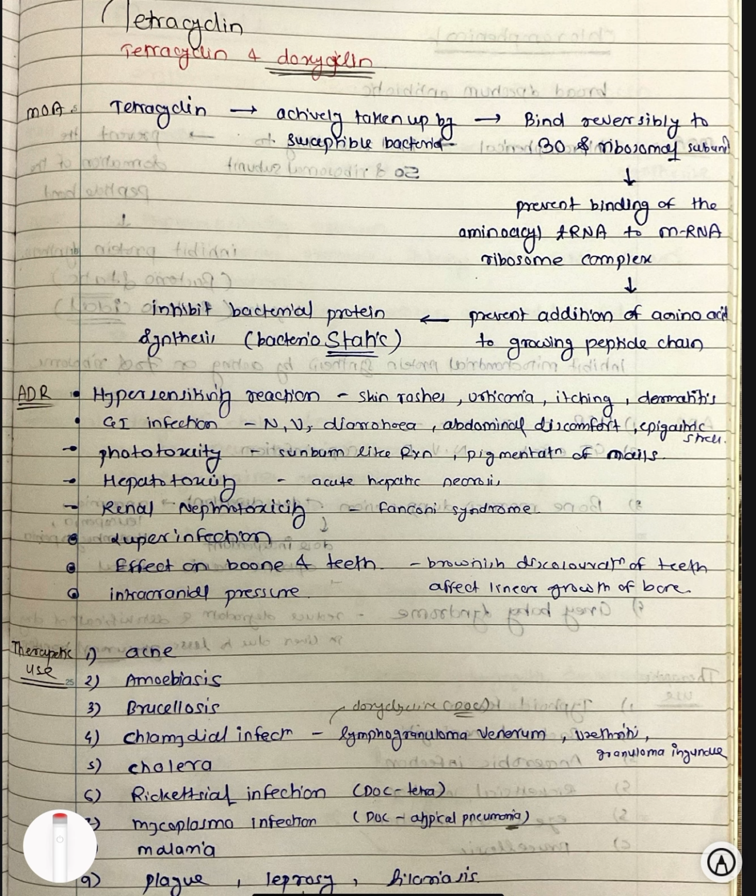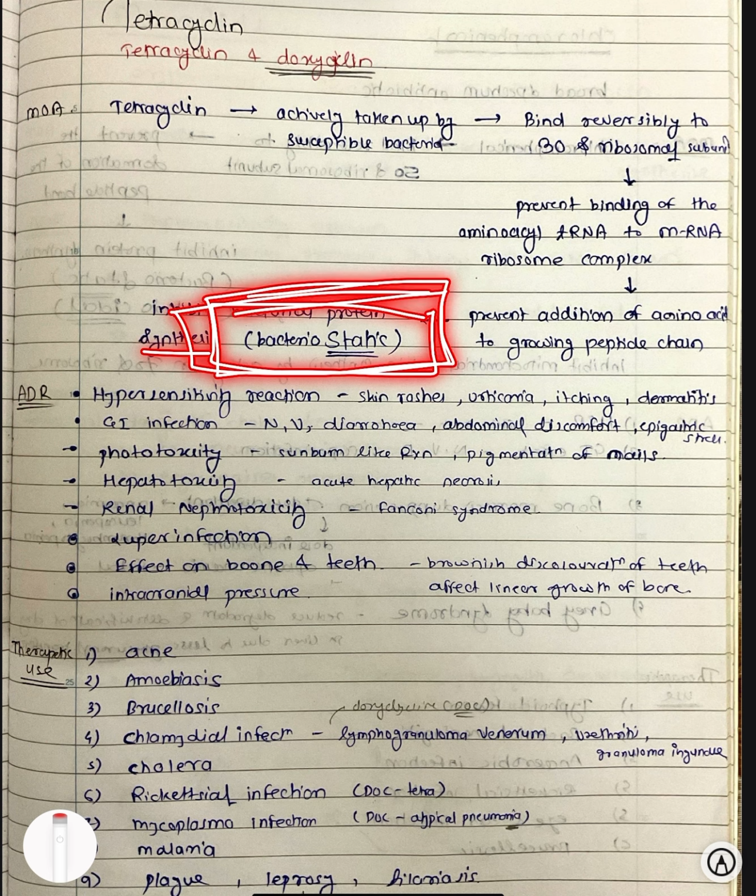By binding to the 30S ribosomal subunit, it will prevent the binding of the amino acid tRNA to the mRNA ribosomal complex. In this way, it will prevent the addition of amino acids to the growing peptide chain. So as there is no amino acid, there is no formation of protein. That is why it will inhibit bacterial protein synthesis, and so it is bacteriostatic in nature.